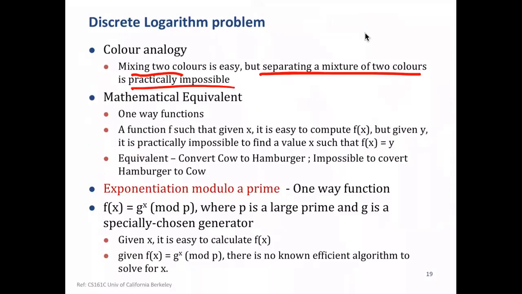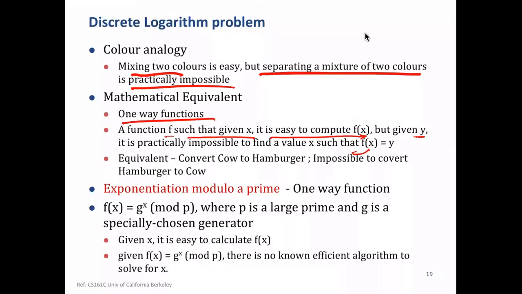So this is similar to a one-way function. A function f such that given x, it is easy to compute f(x), but given the value of f(x), that is y, it is very difficult to get the value of x.